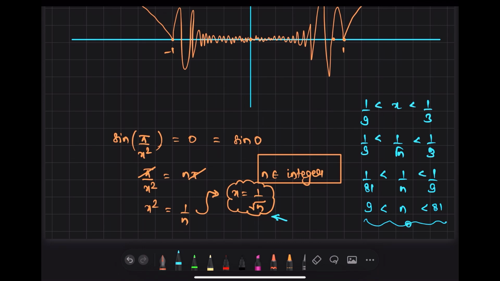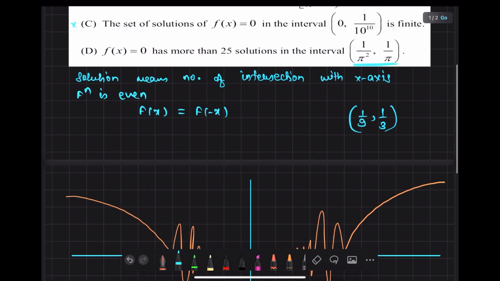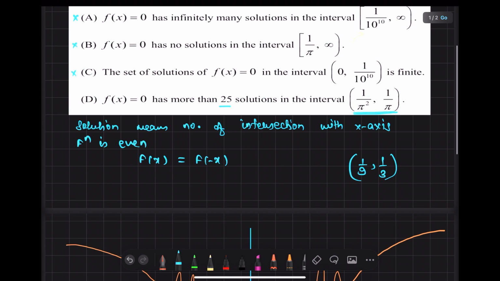We can take 10, 11, 12, 13, dot dot dot till 80. How many numbers do we have? Final minus initial plus 1: 80 minus 10 is 70, plus 1 is 71. So approximately we will have 71 zeros. They are saying that it is more than 25, so this option is correct now.